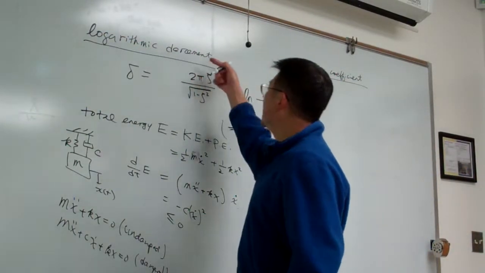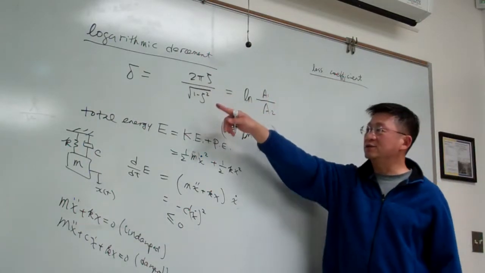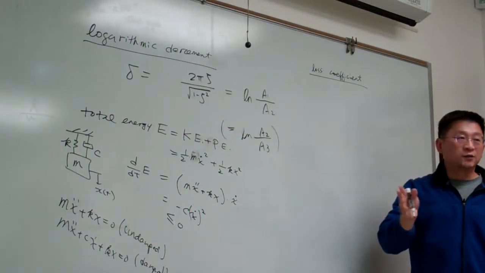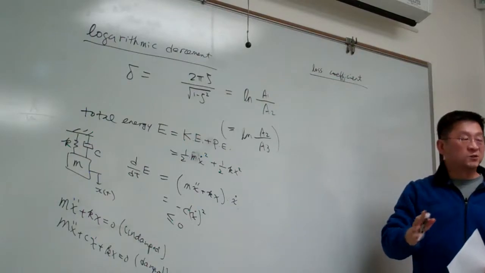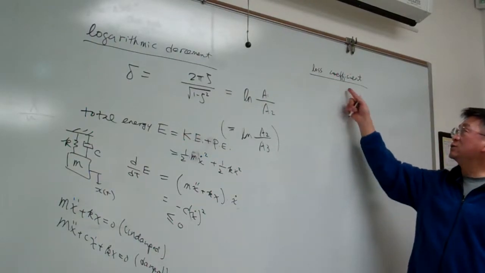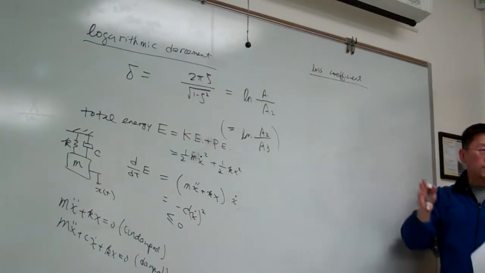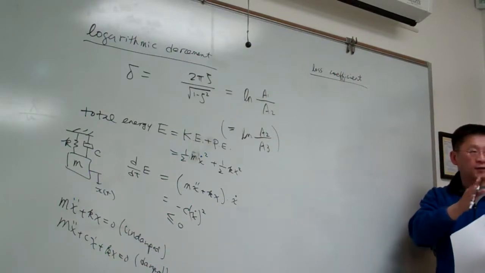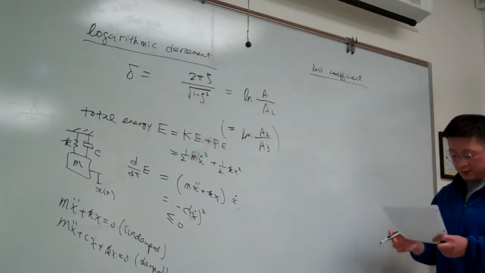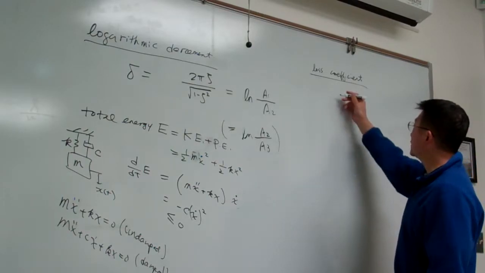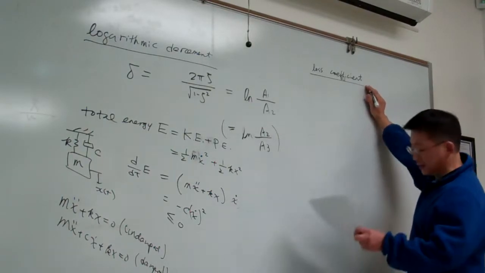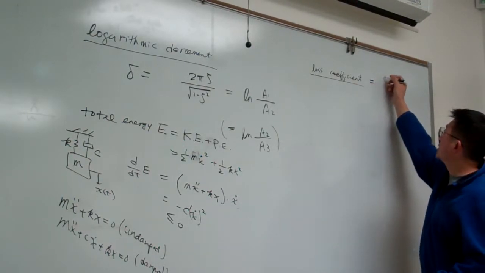Compared to the logarithmic decrement, whose definition delta is regarding the ratio of the displacement, this one tells us the ratio of the energy, one period apart. So by definition, let me do this. This one is by definition delta.